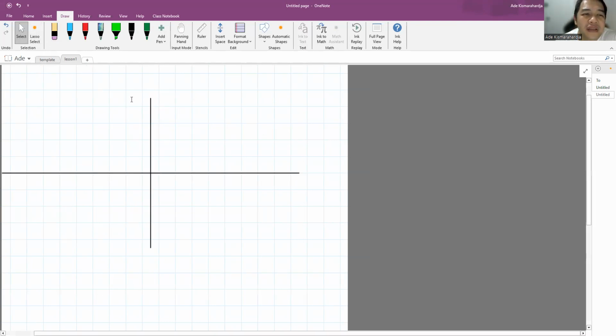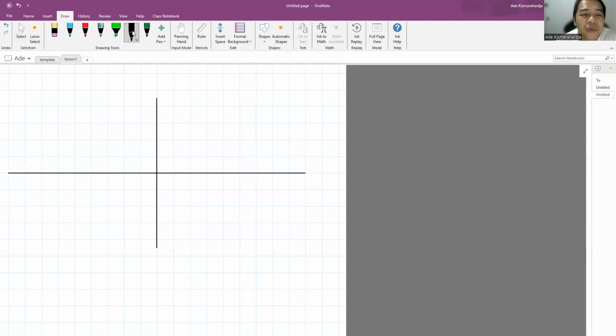So I have now 2 points. Remember, I have A and I have B. And what I'm going to do now is create a vector from A to B. So this is a vector from one point to another point.